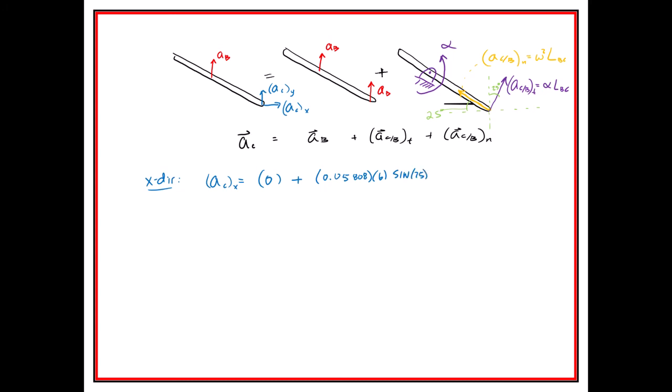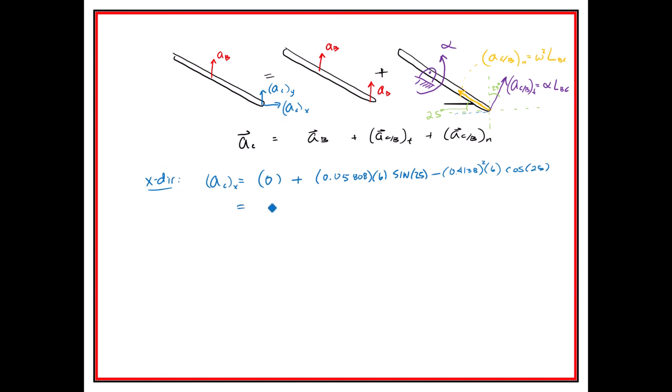All right, and then we have for the normal direction, minus, because it's passing, you know, the x component is to the left, omega squared, which was 0.4138 squared times our 6, and that's going to be the cosine of 25 degrees. That looks like it's 75 right there, the cosine.